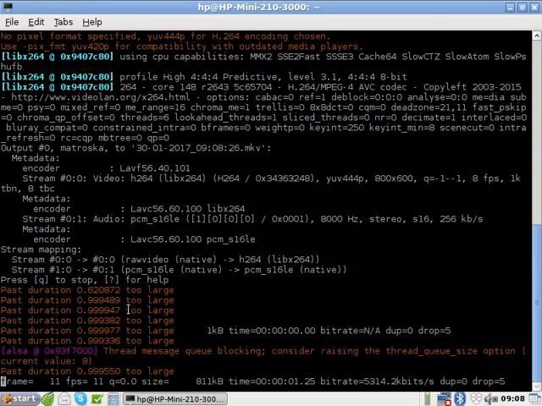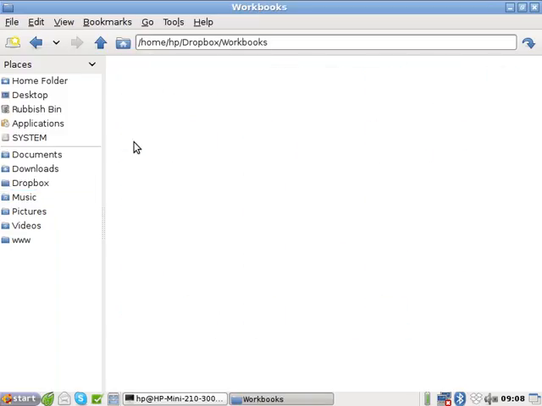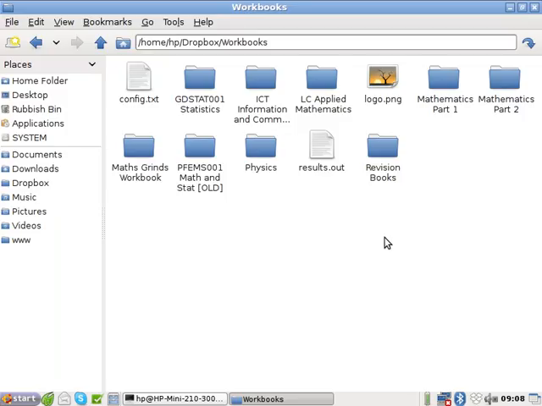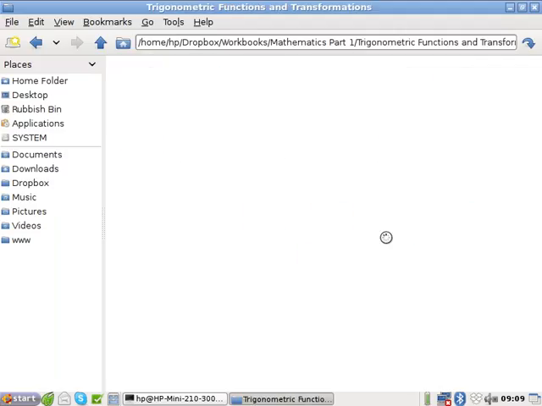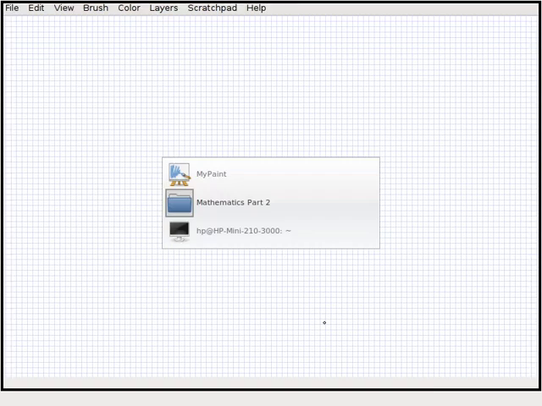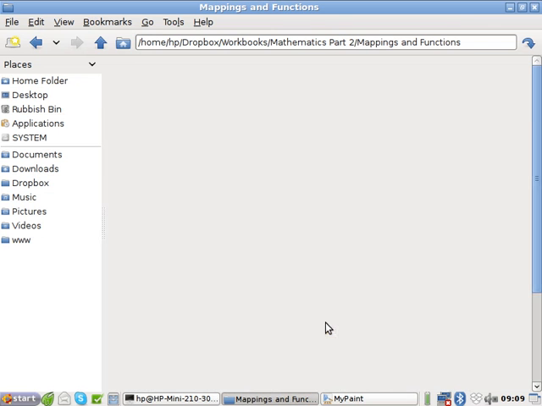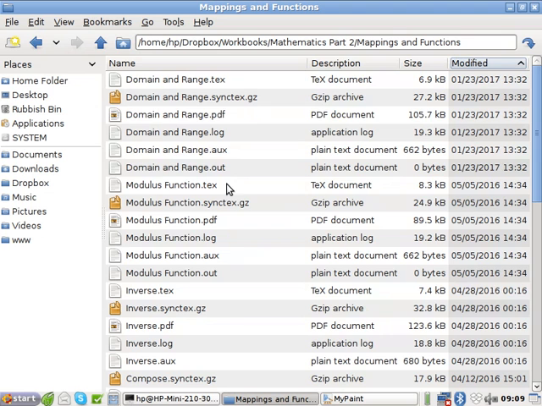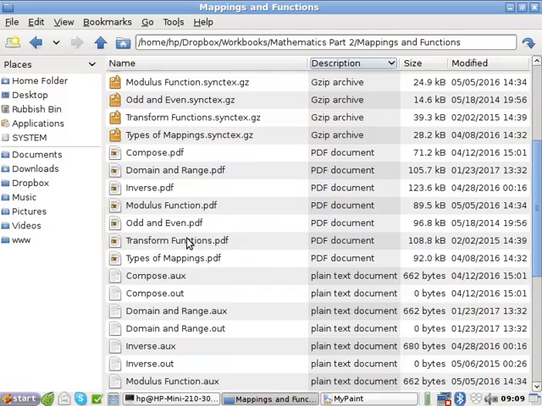Number 3. Let's have a look. So, maths part 2, functions and transform functions.